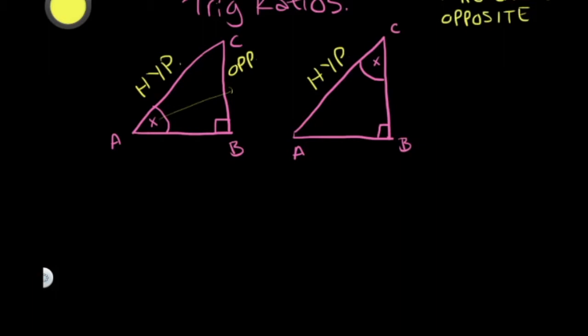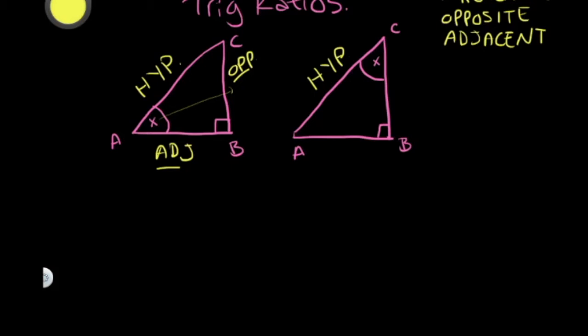And then the side that touches the angle that we're using is our adjacent side. Adjacent. So for this triangle, because we're using this angle, this side is our opposite, and this side, because it's touching the angle, is our adjacent. Adjacent means next to.